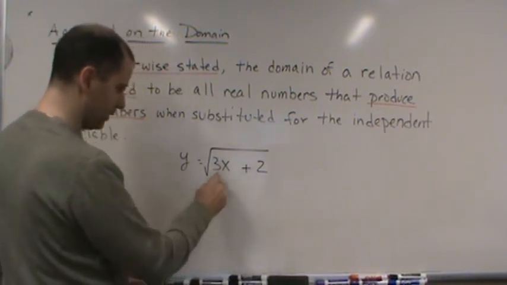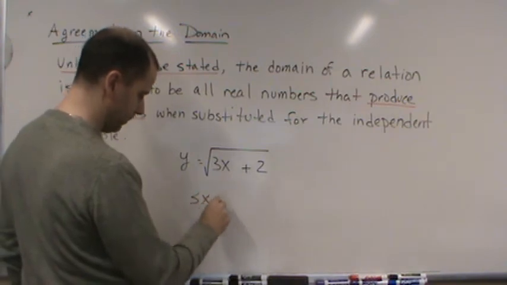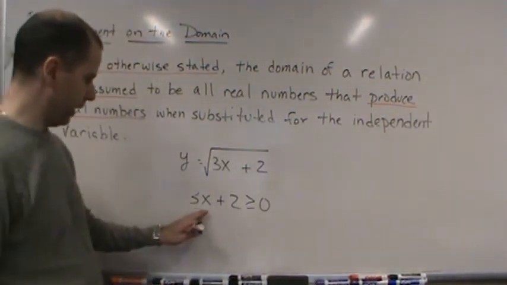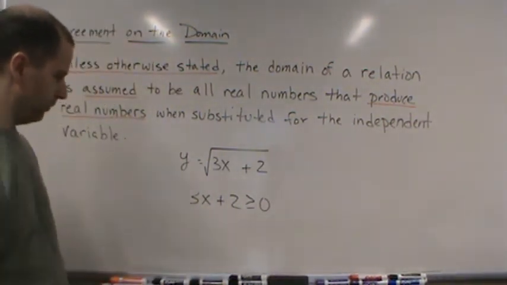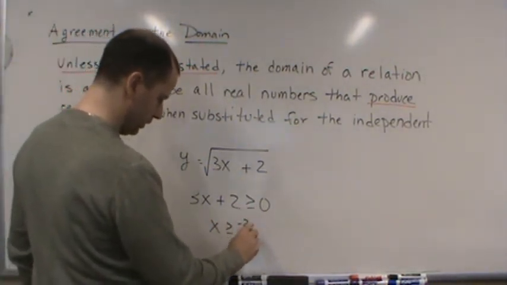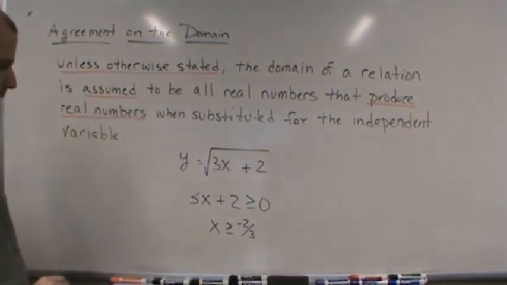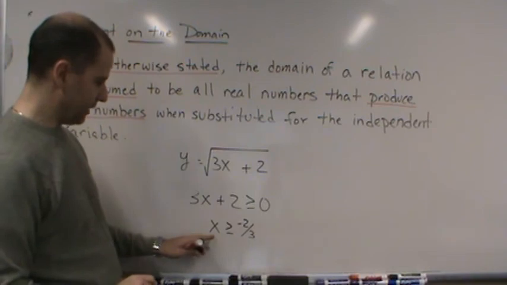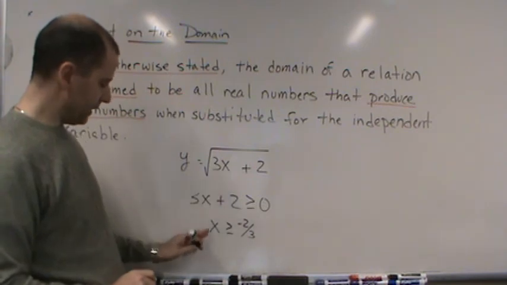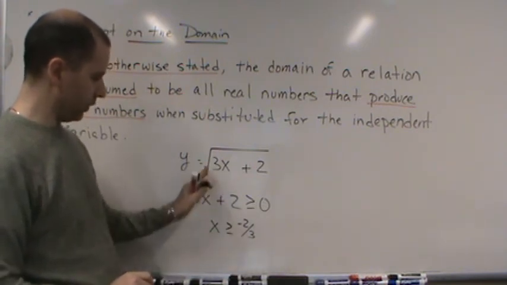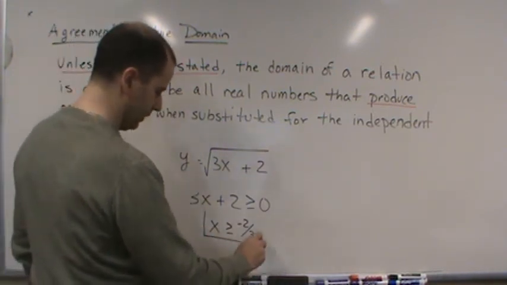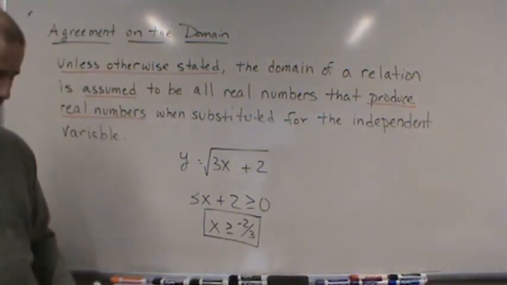If we solve 3x plus 2 greater than or equal to 0 for x, then we get x is greater than or equal to negative 2/3. That means that only values of x that are greater than or equal to negative 2/3 will work. Anything that's less than negative 2/3 will give me a negative number under here, so that means the domain for this relation is this.